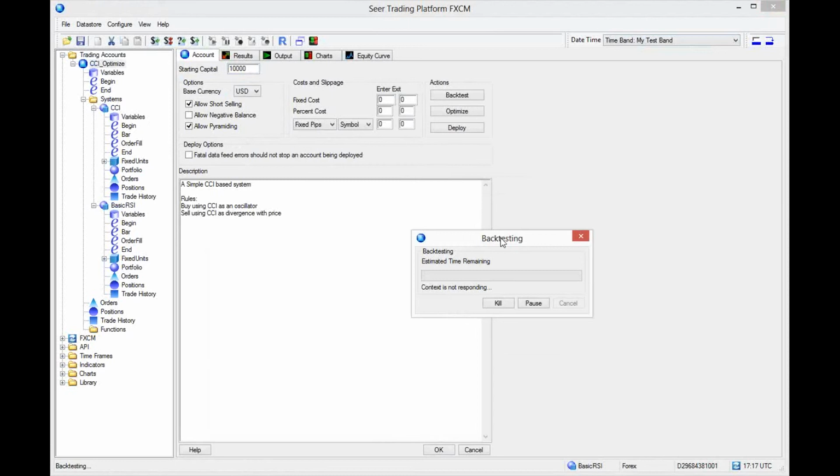Okay, so it's just going to take about a minute to do. And one of my co-presenters is telling me to reduce my time bands, but I don't want to do that. I want to show you longer term backtesting results.